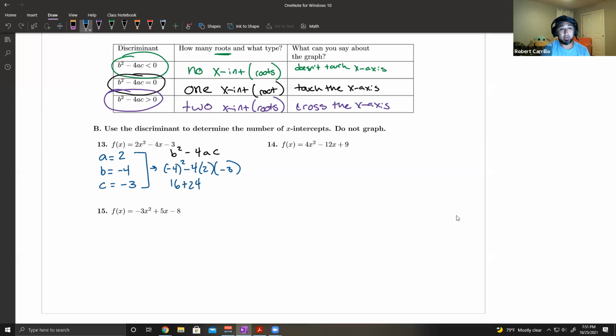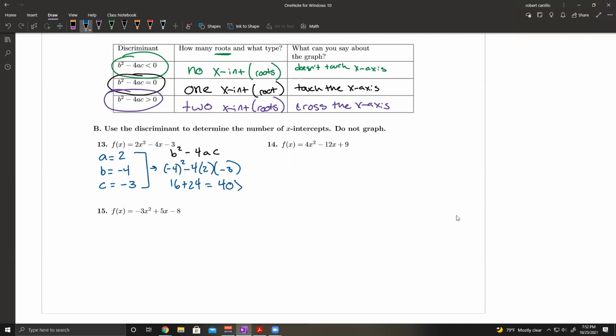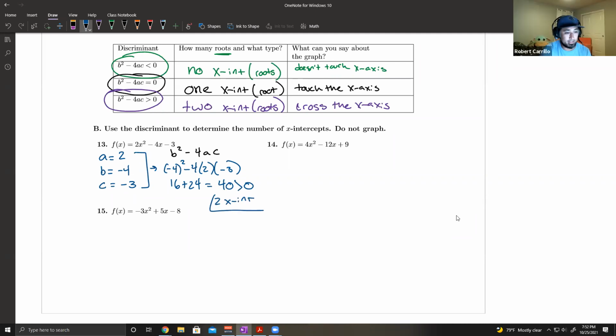And 16 plus 24 gives me 40. Is 40 less than 0? No. Is 40 equal to 0? No. Is 40 greater than 0? Yes. Then how many x-intercepts do we have? 2 x-intercepts. That's all we have to do.